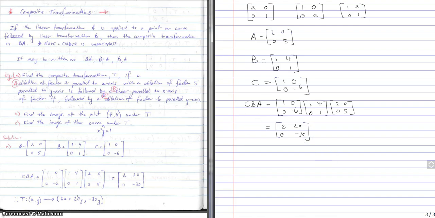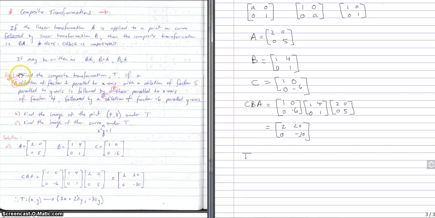Now sometimes you'll be given a question where you're given information like that and you're asked just to write down the transformation. It's important that you don't just leave your answer as a matrix. You need to write your transformation. So T, that's the label given here in the question. Find the composite transformation T. So that's exactly what we're doing.